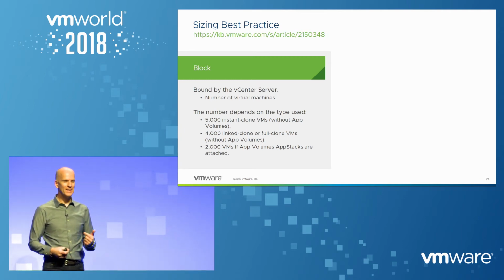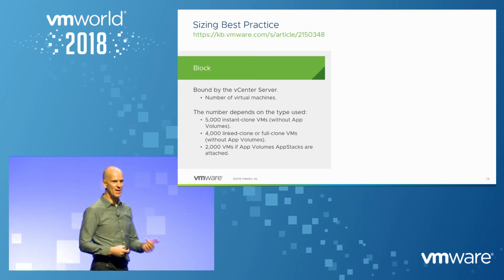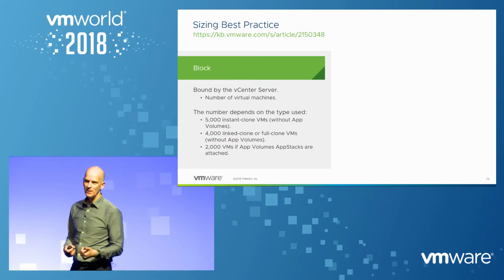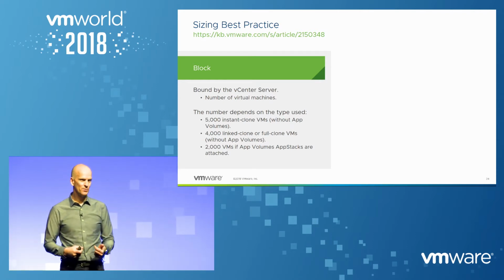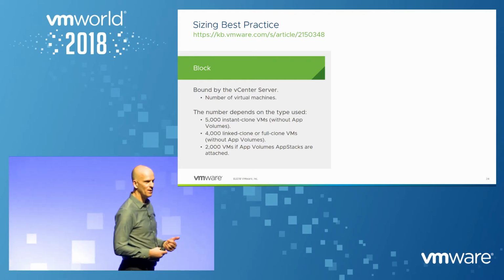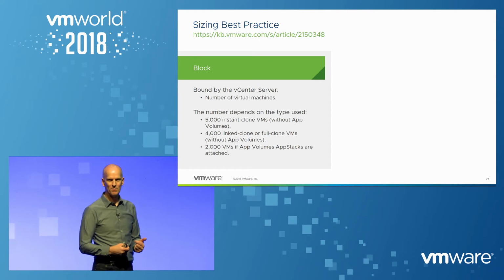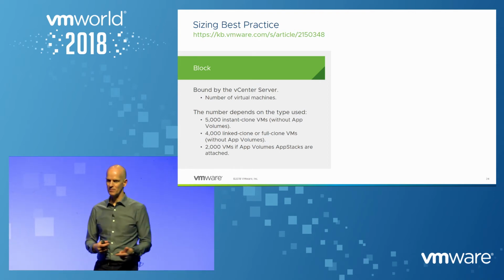These are, again, numbers we tested and recommended against. The minute, unfortunately, we introduce app volumes, right now the recommendation is 2,000. We are doing active testing to try and bring that number up. And you'll probably see customers who are running higher numbers than that. We're trying to give you the guidance here that we know will work in your environment in any circumstance.